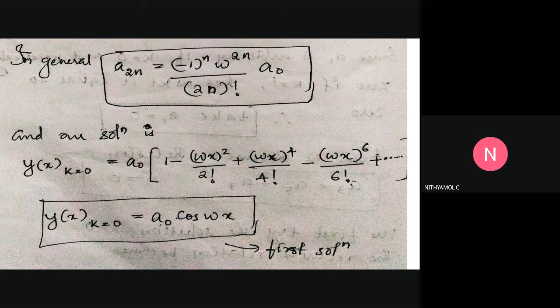For k is equal to 0, we can compute the value of a1 instead of a_lambda, a0, a1, a2, a3. We have to expand that series.